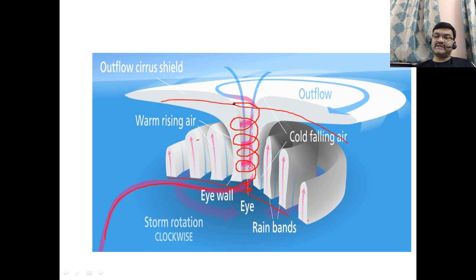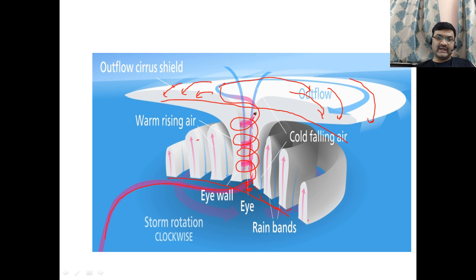The wind which is rising is going to diverge in the upper part of the cyclone and move outward. This is known as upper divergence. Is it clear? So the wind is entering towards the center, rising and then diverging in the upper part. The area where the wind is rising is known as the eye of a cyclone.